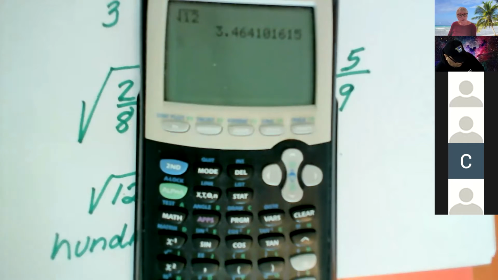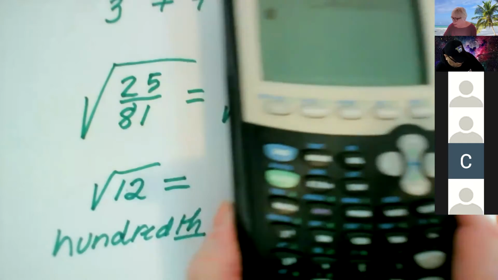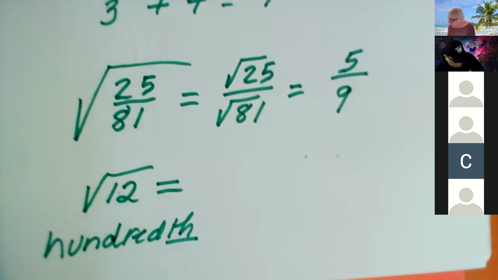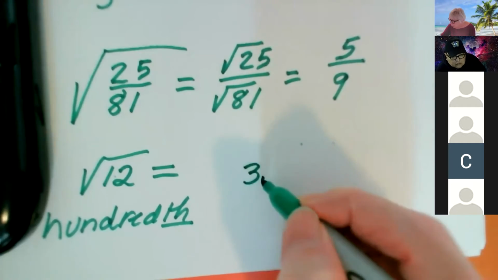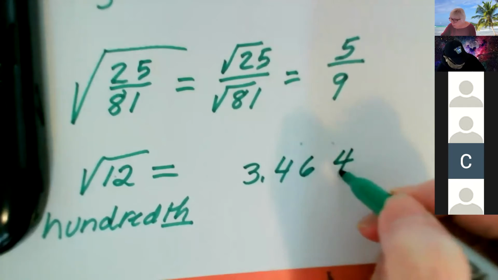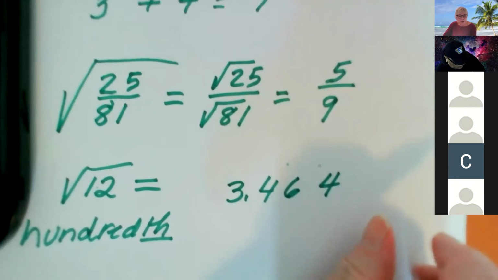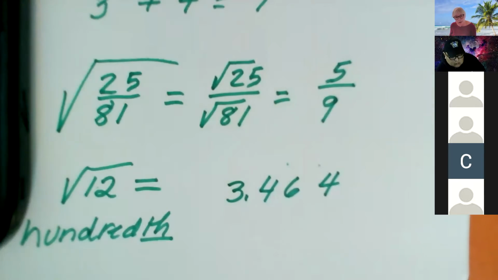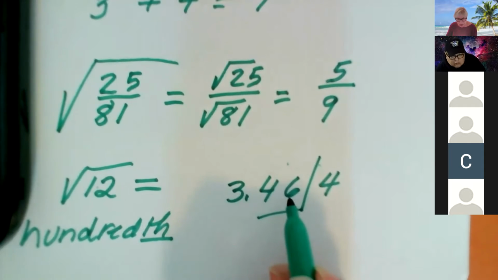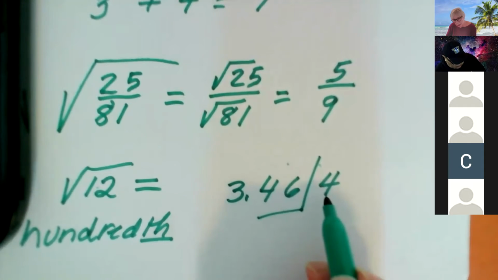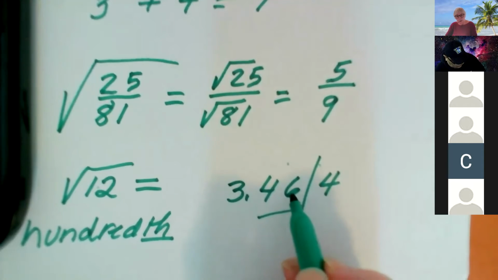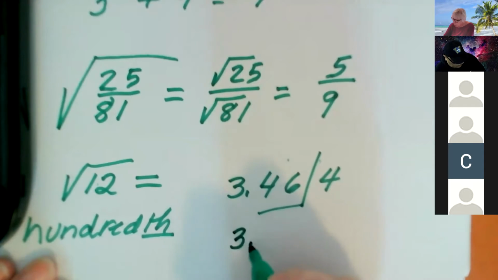So what I would do if I was rounding it to the 100th is write down at least 3.464. And you could go even farther if there's more numbers involved, but to round it to the nearest 100th, I'm only going to go out 2 places. This is what makes the decision. It's a 4, but it's under 5, so this does not bump up. This would still be 3.46.